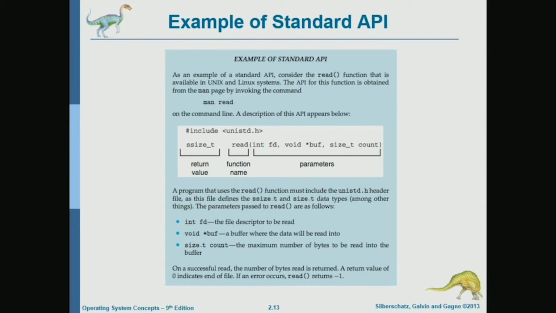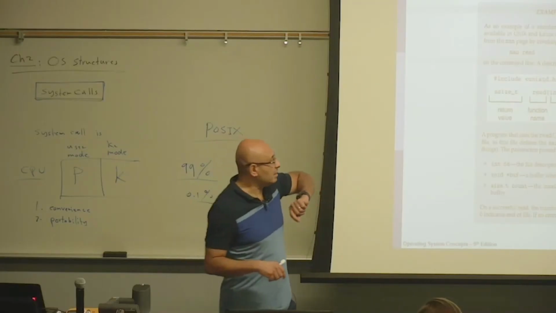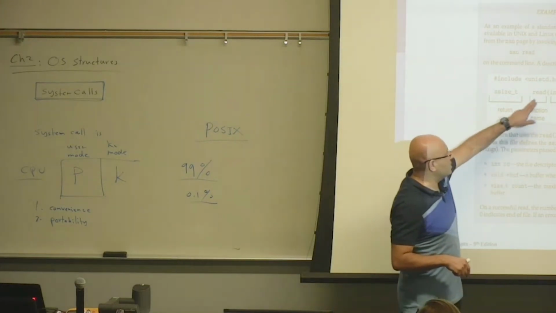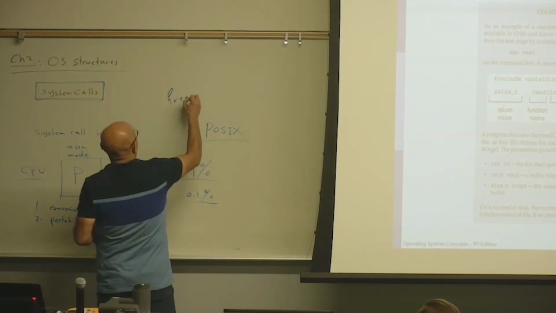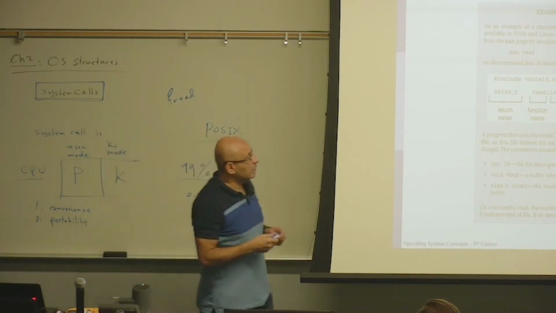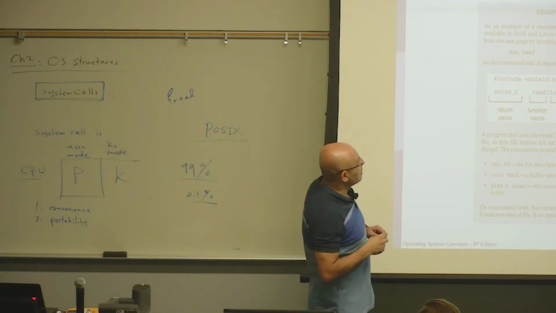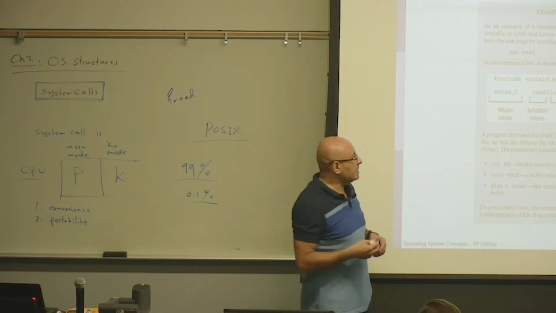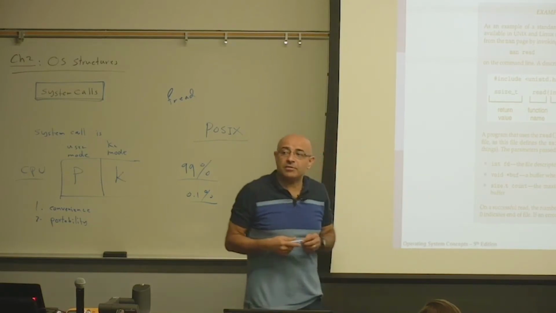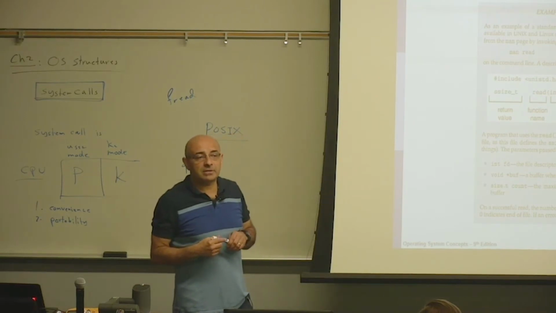Well, it's one of the options that are available to you to read from a file. It's not the only option. So there is read and there is formatted read. There are multiple functions available to you, but they're all implemented as system calls because you cannot read from a file without going through the operating system.